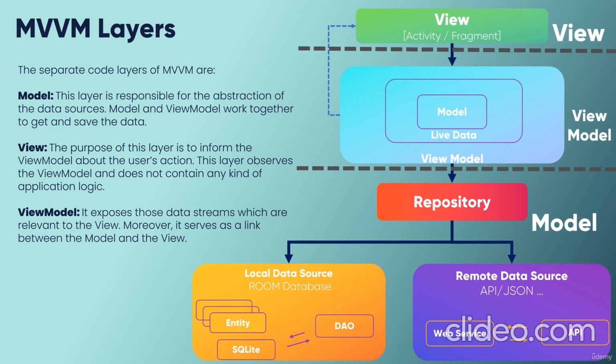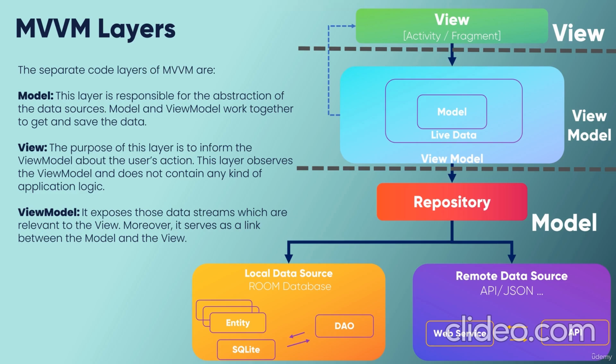The view model is an intermediary between the view and the model. It contains the presentation logic and transforms the data from the model into a format that can be easily displayed by the view. In Android, the view model is typically implemented as a class that provides data to the view and handles user interactions. It also retains data across configuration changes, for example, screen rotations, using the Android ViewModel architecture component.